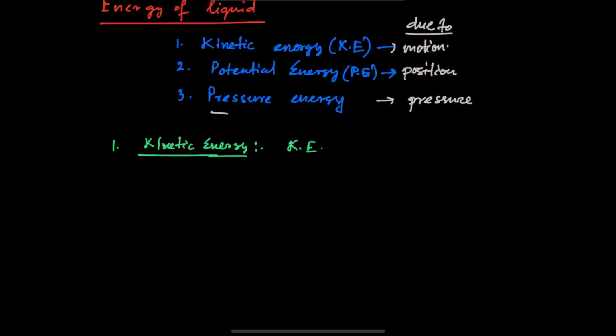So KE is equal to half mass into v square, velocity square. We shall be discussing in great detail while proving Bernoulli's theorem, while applying these formulae for kinetic energy, potential energy and pressure energy in case of a fluid flow through a tube, right?